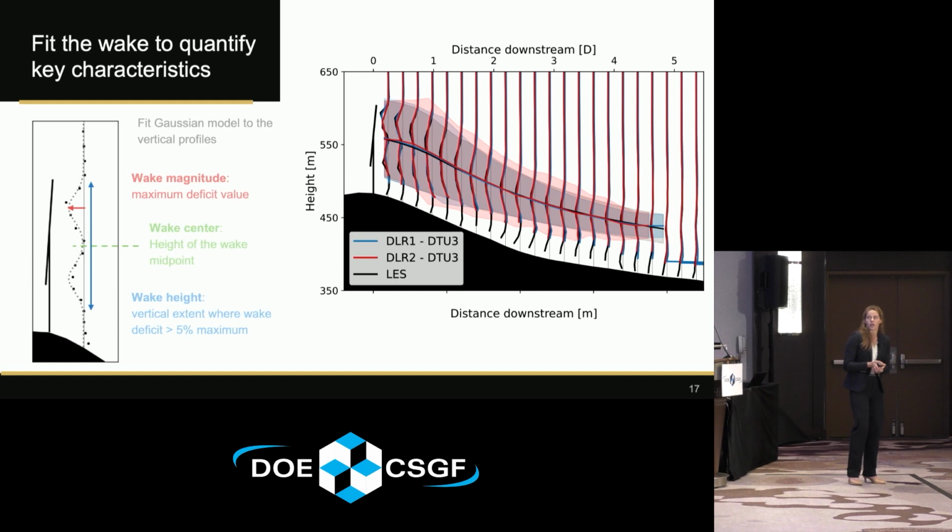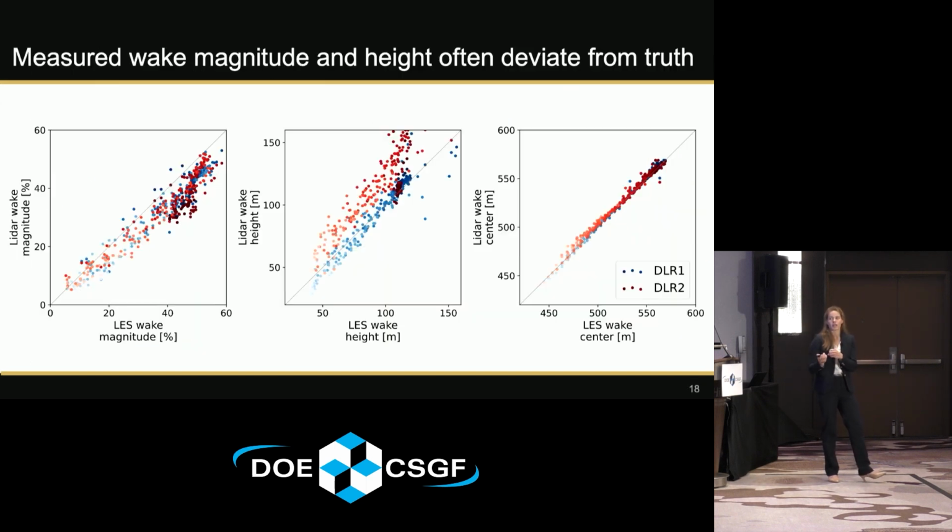And so we can go ahead and fit for the underlying true wake, but also for the virtually measured wake. Quantities like the magnitude of velocity deficit in the wake, where the center of the wake is and its trajectory over its extent, and the vertical extent of the wake. We can see that although we capture it as a whole well, there are variations in the measured wake compared to the actual true underlying simulated flow.